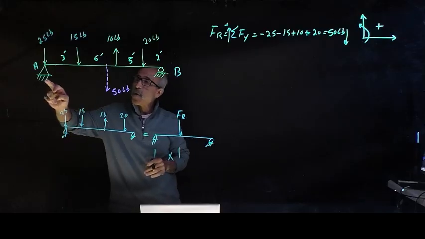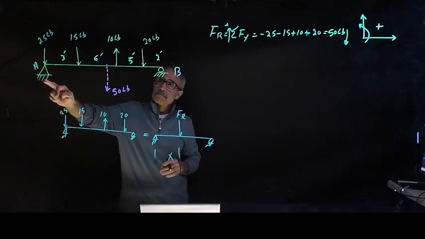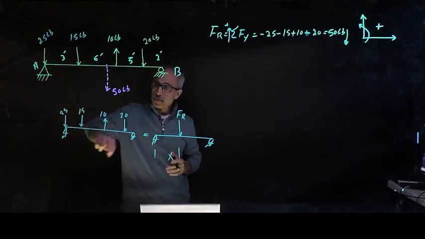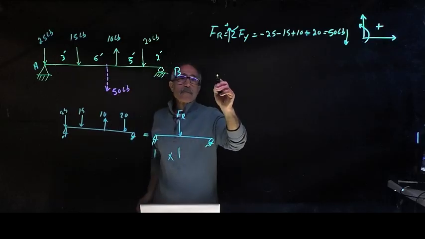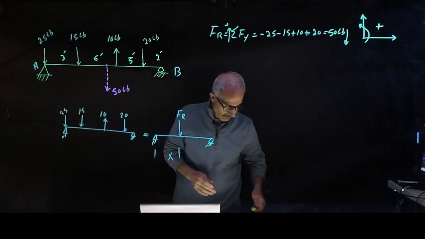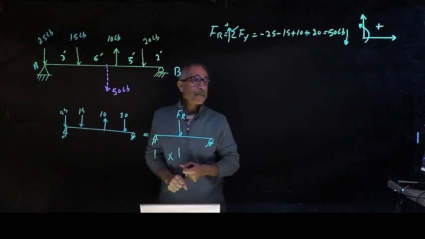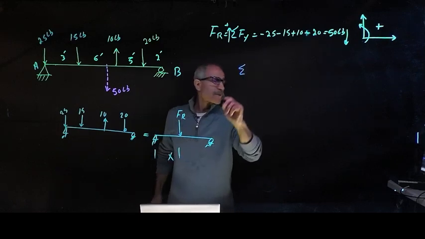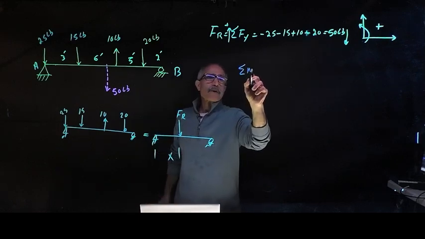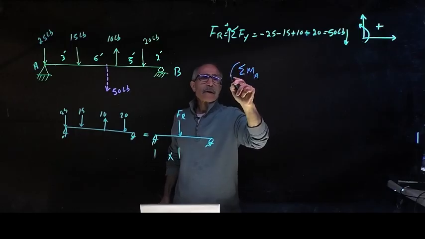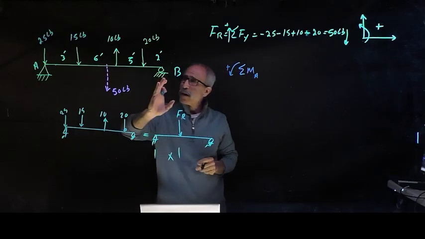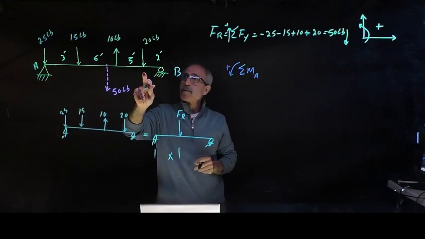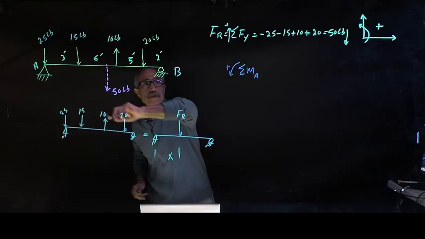I'm going to take a moment about point A, and this one here. Not this one, just the top. Let me change color for good luck here. Summation of moment about point A, counterclockwise is positive. I'm going to start from the furthest point and work that way. First start with 20. 20 is going to go this way.